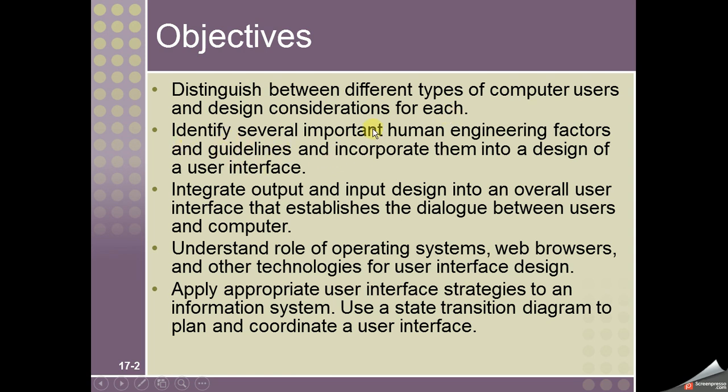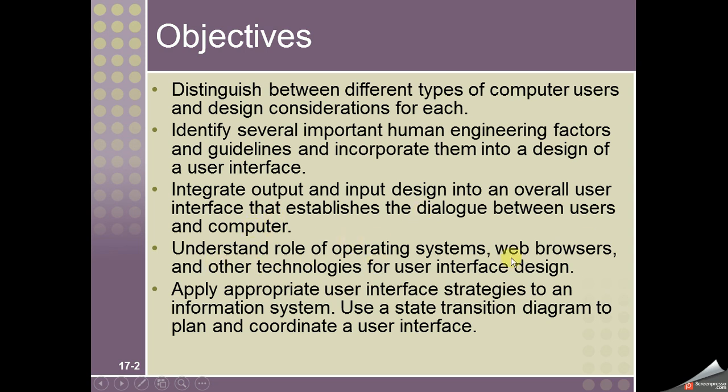We briefly describe some important human engineering factors and guidelines that help us in designing good graphical user interfaces. We'll talk about integrating the output and input design into an overall user interface that establishes the dialogue between users and computers.